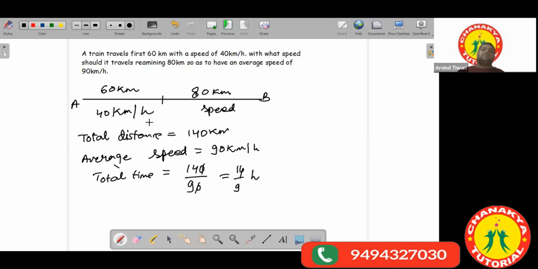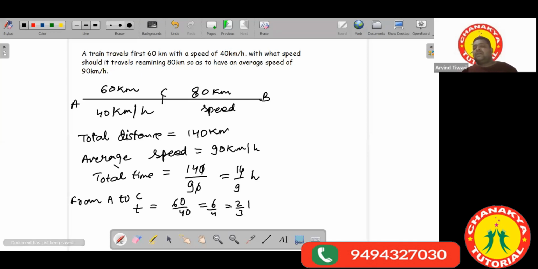Okay. Now, if it travels from A to C, how much time will it take from A to C? From A to C, we can find out time as 60 by 40, which will be 6 by 4, means 2 by 3. 2 by 3 hour is the time taken.